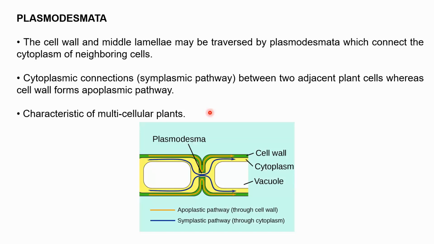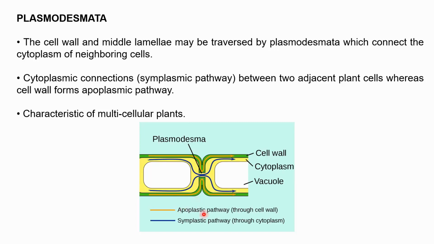As we see in the diagram, this connection allows the movement of molecules from one cell to another, and this is known as the plasmodesmata or plasmodesma. It is present only in plant cells and is absent in animal cells.